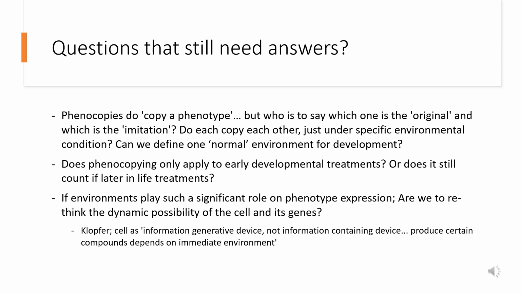And so the way we typically think about cells as these DNA containing devices are maybe potentially more supposed to be thought of as information generating devices, in which the environment has a greater impact on which pathways happen, and in that case, what phenotype occurs as a result of a changing environment.